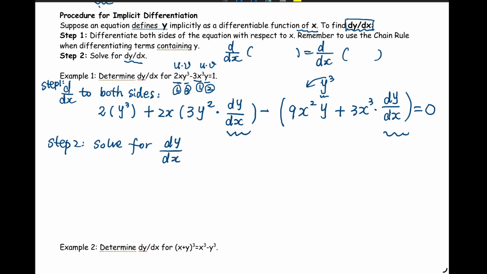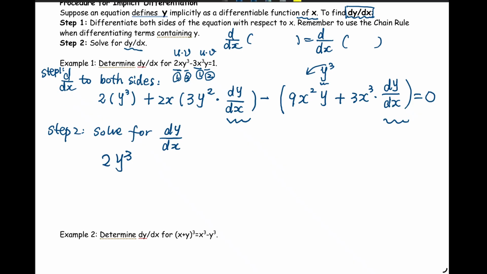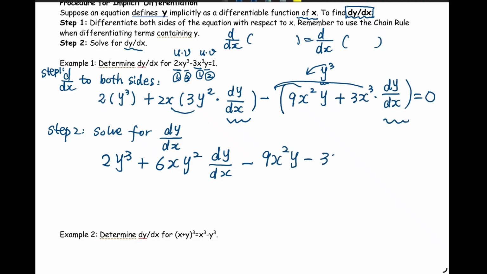So we are going to have 2y cubed plus 2x times 3y squared, which gives us 6xy squared, then dy by dx. Then minus, the negative applies to both terms. So we have minus 9x squared y minus 3x cubed dy by dx equals 0.